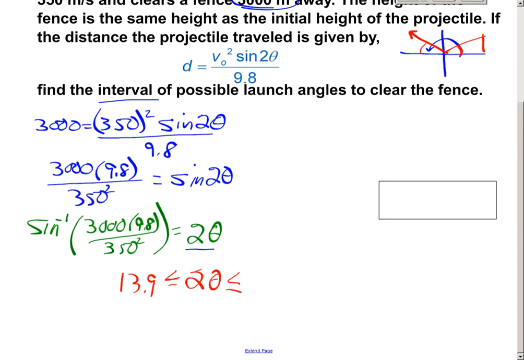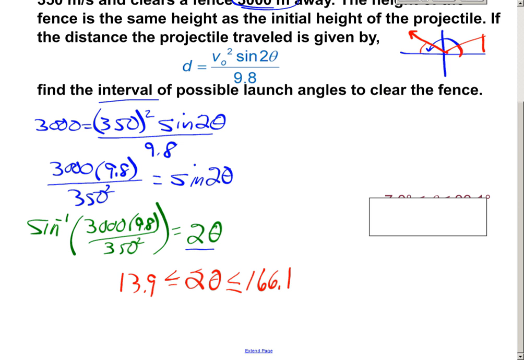So it's between that and 166.1. And now all we have to do is divide that by 2 to get the final answer of approximately 7 to 83 degrees.